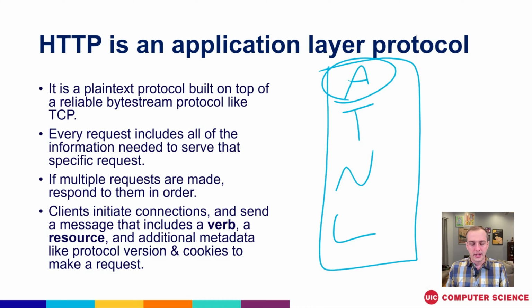And that request consists of a verb indicating what action I want to perform and a resource path that I'm going to use to signal what resource I want to access. And then additional metadata like what protocol version we're using in HTTP, and metadata like what types of files we can accept, what cookies we have for that server, things along those lines.